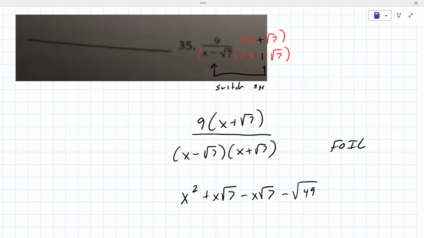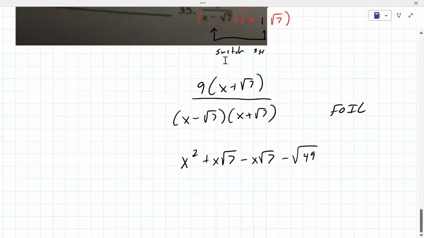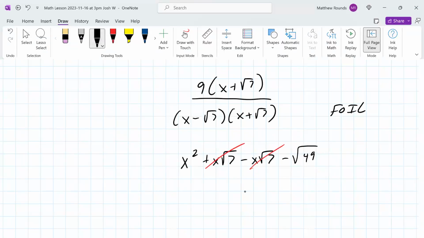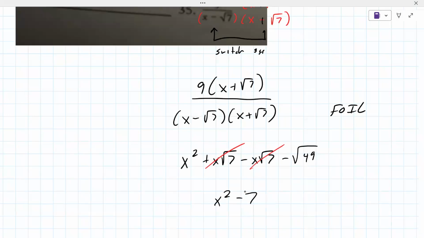All right. I'm going to get that down. Okay, so the O and the I's cancel, which is pretty common here. Square root of 49 is 7, so it becomes x squared minus 7 on the bottom.